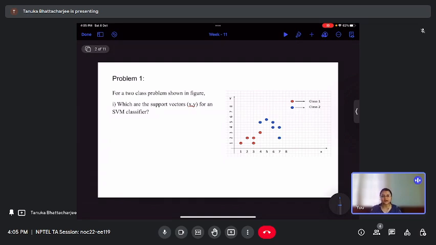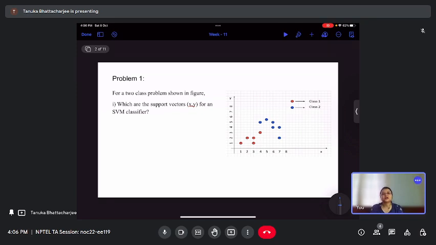While choosing that, you choose it in such a way that you get the maximum margin from both the classes. So you pass it in such a way that the distance of the closest points from one class to the decision boundary and that of the other class, those are equal and those will be as large as possible.